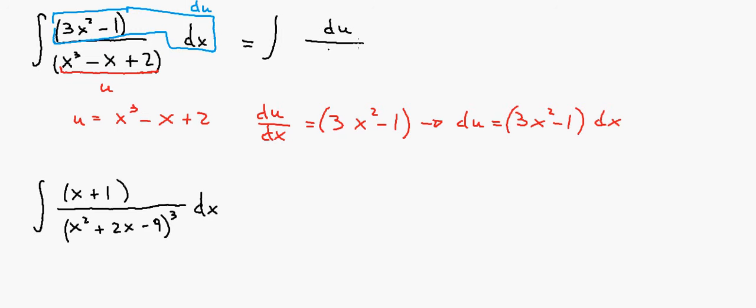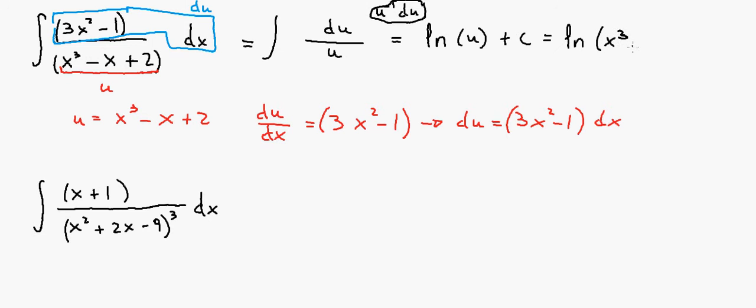And now the easiest step to do after this one, because we do have 3x squared minus 1, would be to say that du, bringing this dx over here, is equal to 3x squared minus 1, all of it multiplied by dx.